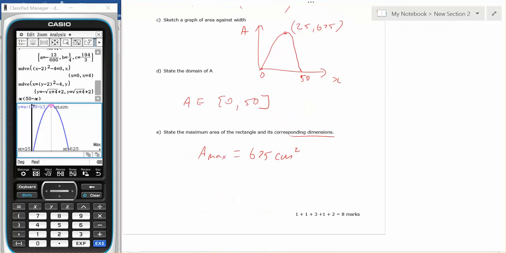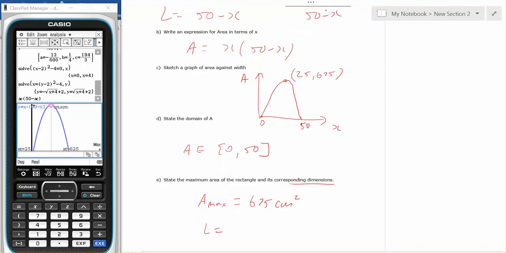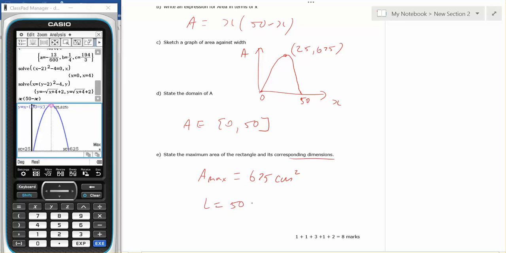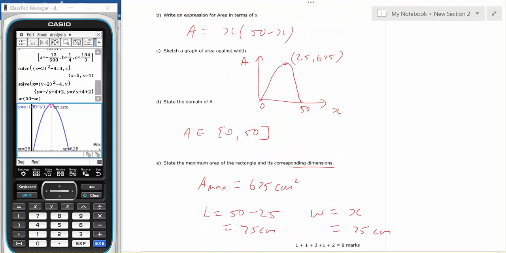For the dimensions, the length would be 50 minus 25, because it's 50 minus x and the maximum area occurs when x is 25, so that's 25 centimeters. The width would be x, so that's just 25 centimeters. So 25 centimeters by 25 centimeters. You must include both the length and the width to get all the marks.